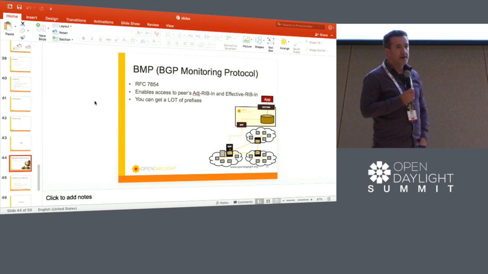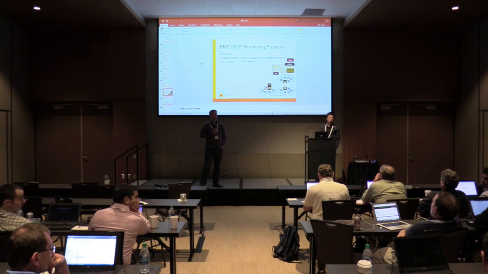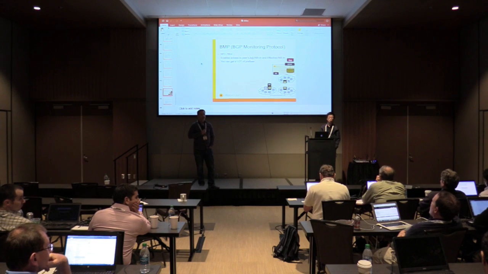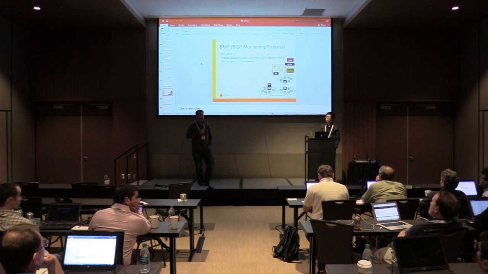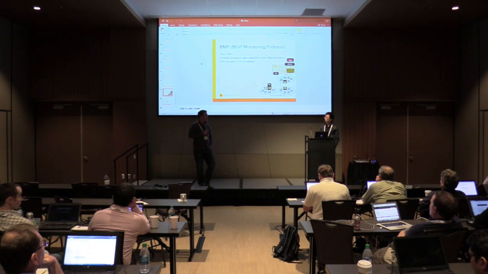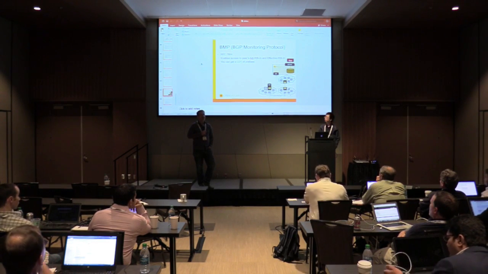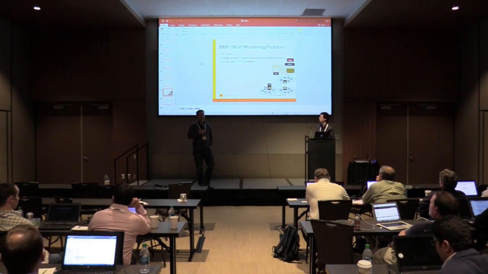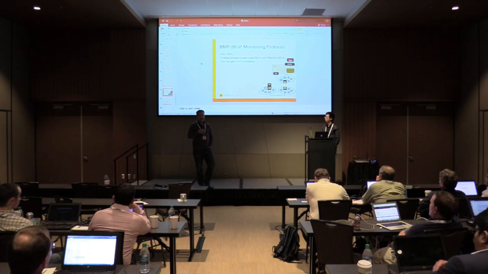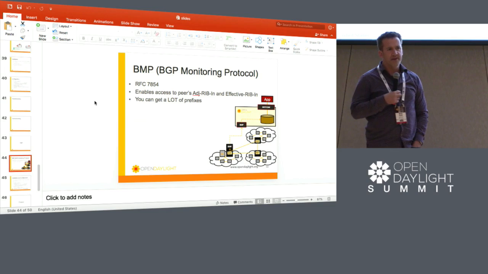Question? Yeah, sure. What pieces of equipment out on the network support BMP? XR does and Junos does, I think. I'm not sure if Brocade supports it. It basically came out of the IDR working group in the IETF. Actually, no, it was GROW, I think, the operations group.